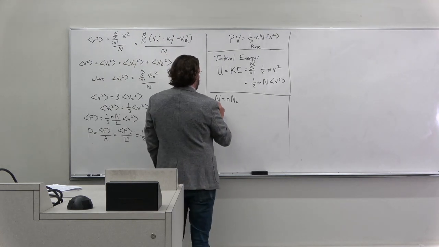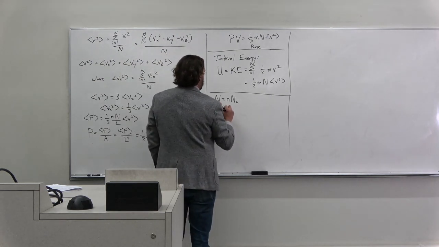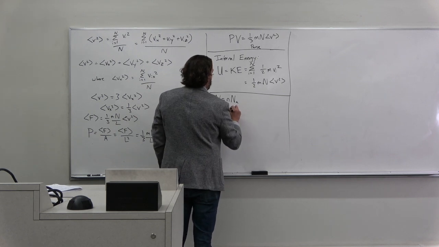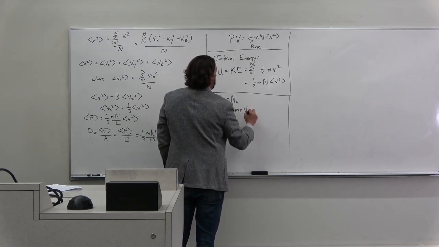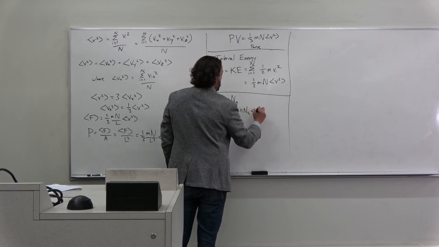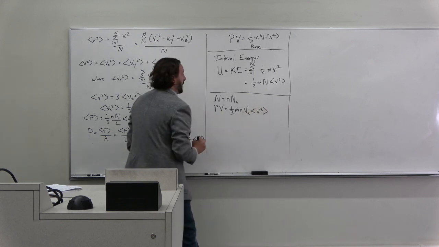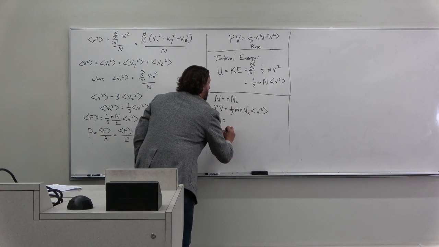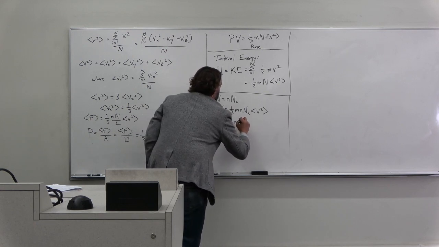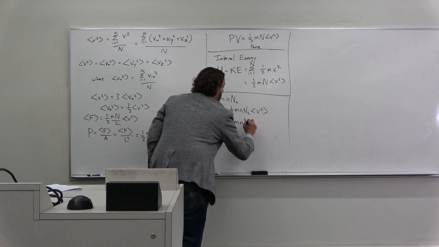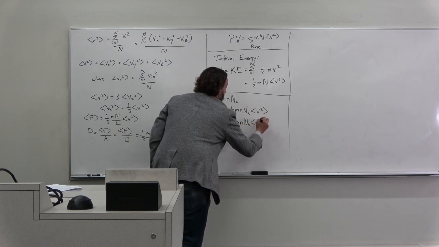So we could have PV equals 1/3 m n NA v squared. And U is 1/2 m n NA v squared.